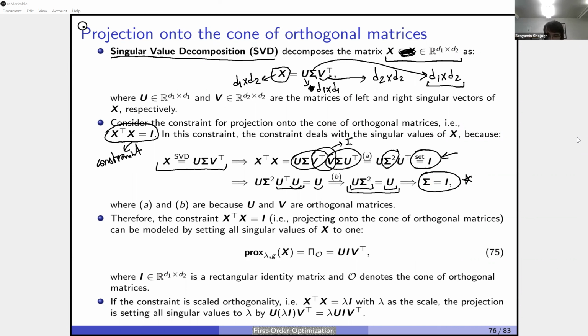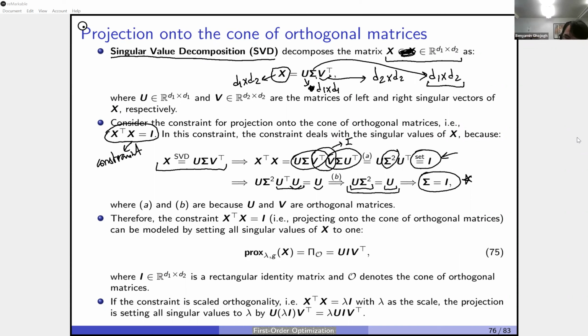When sigma is I, then X is an orthogonal matrix and its columns are orthonormal. In other words, when the singular values of X are 1, sigma becomes the identity matrix. It's a diagonal matrix.